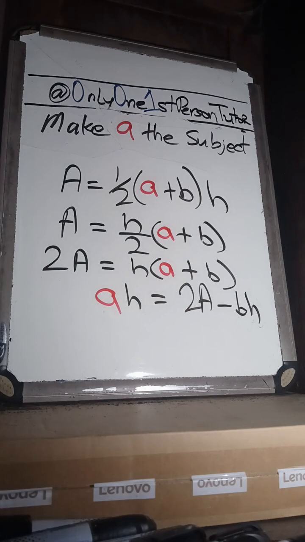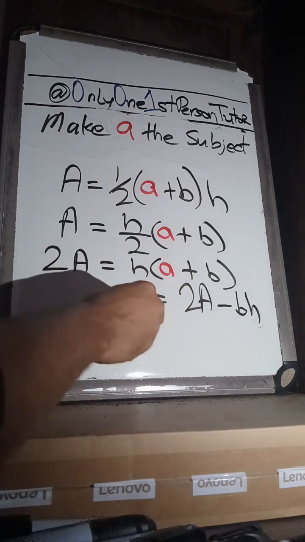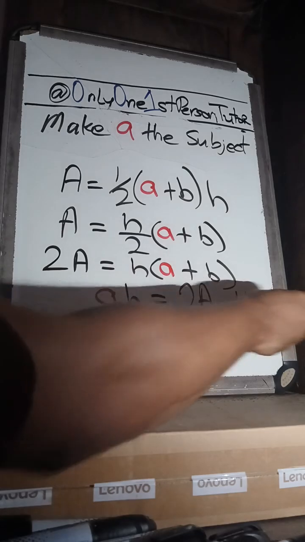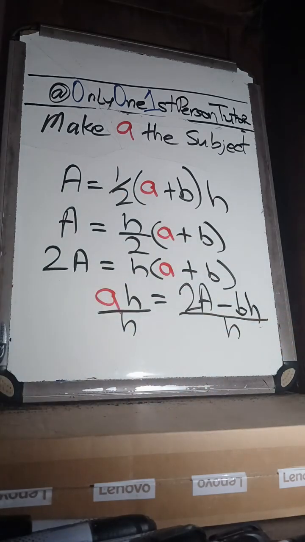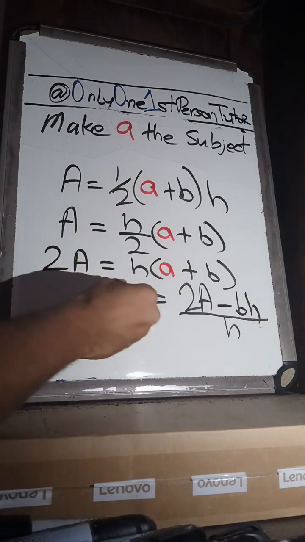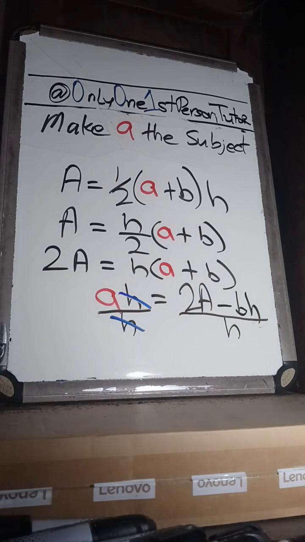Now what do we have? We want little a alone. So divide this by what's in black. Divide this by what is in black. So the real question now is, does all of that work? Does all of this actually work?